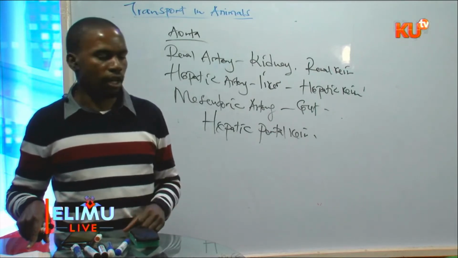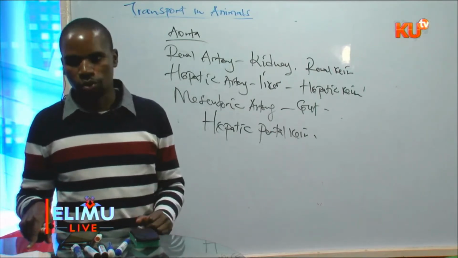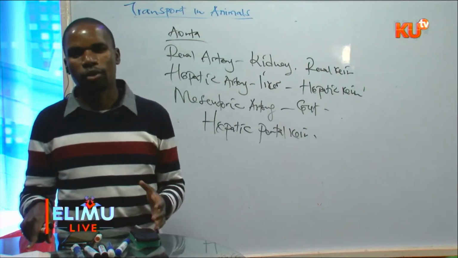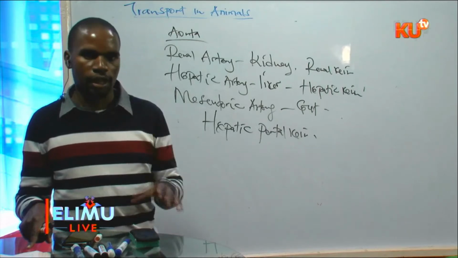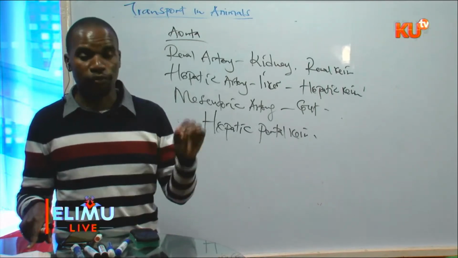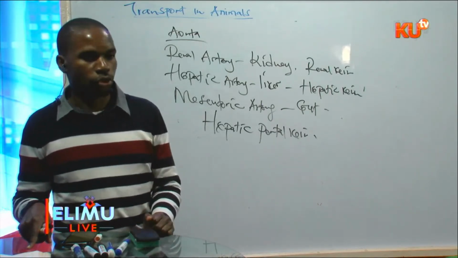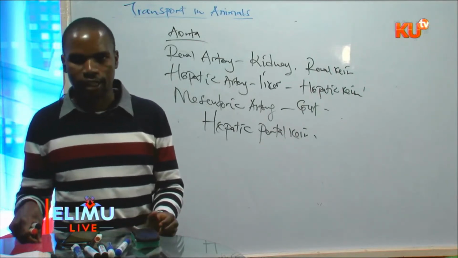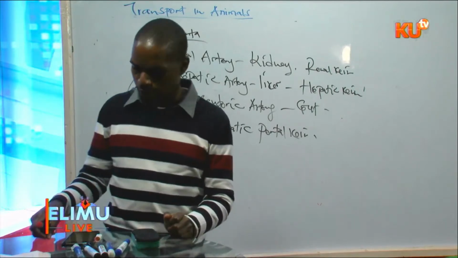The fourth valve is the tricuspid valve, referred to as tricuspid because it has 3 flaps. It prevents backflow of blood to the right atrium from the right ventricle.